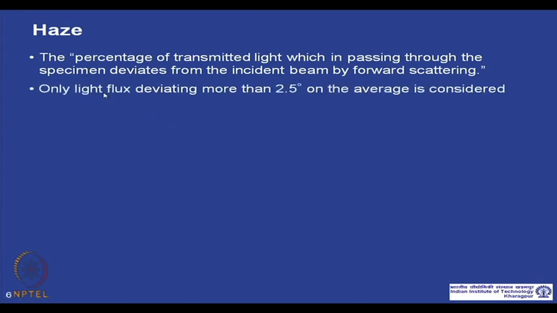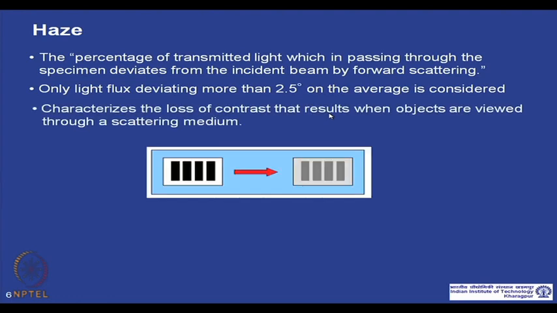Now, for calculating or defining haze, we will only consider the forward scattered light which deviates more than 2.5 degrees on average from the incident light beam. So, the forward scattered light which is scattered beyond 2.5 degrees compared to the incident light would be taken as the value for haze.